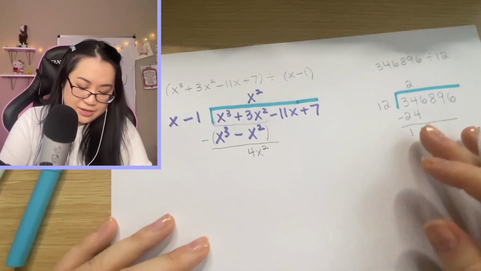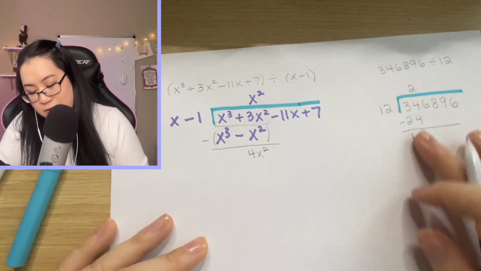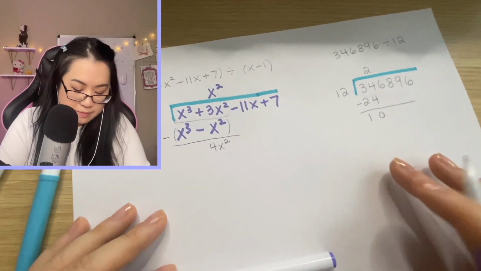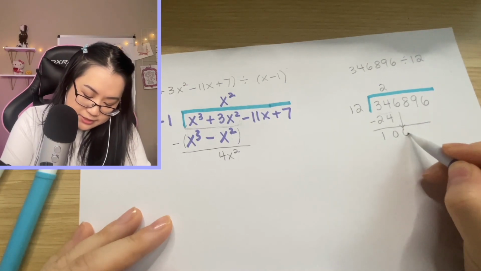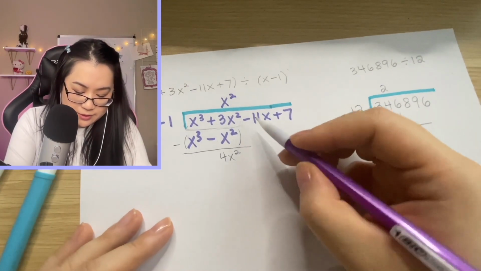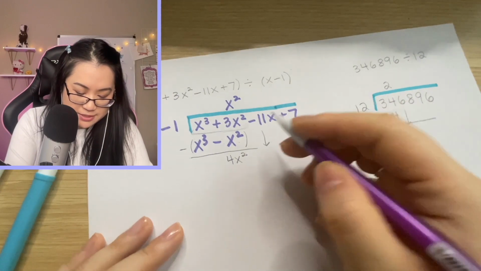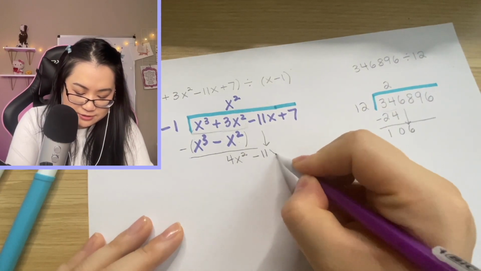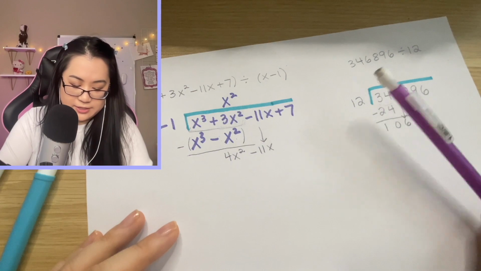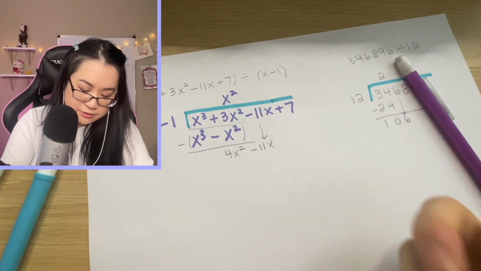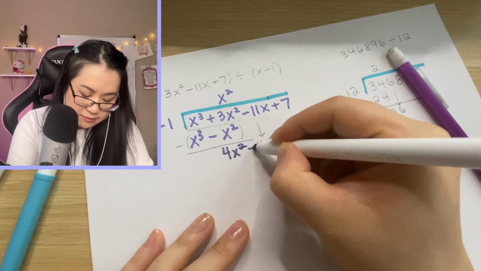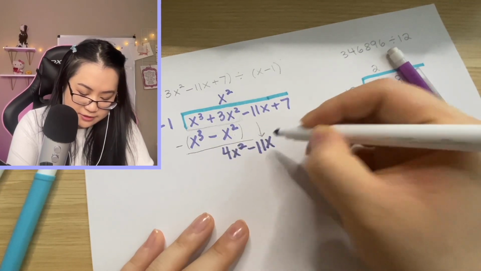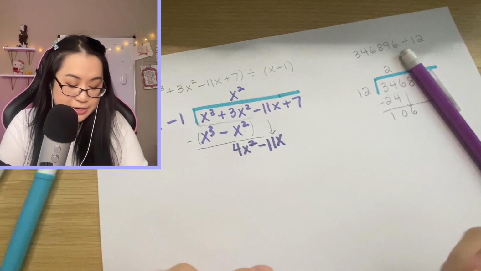Okay, and then what do we do for long division with numbers? We bring this 6 down like so. So I'm going to bring this minus 11x right there, right down. So 4x squared minus 11x, and then we carry on.